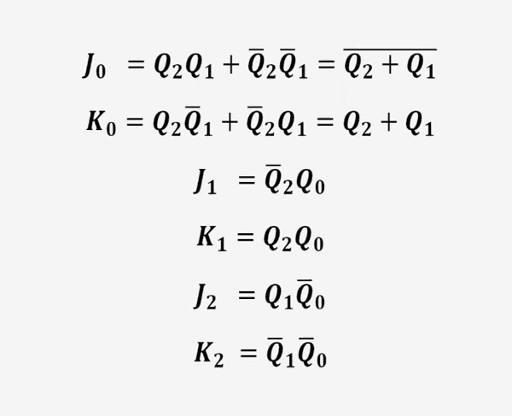K0 is equal to Q2 into Q1 bar plus Q2 bar into Q1, which is equal to Q2 plus Q1. J1 is equal to Q2 bar into Q0. K1 is equal to Q2 into Q0. J2 is equal to Q1 into Q0 bar. K2 is equal to Q1 bar into Q0 bar.